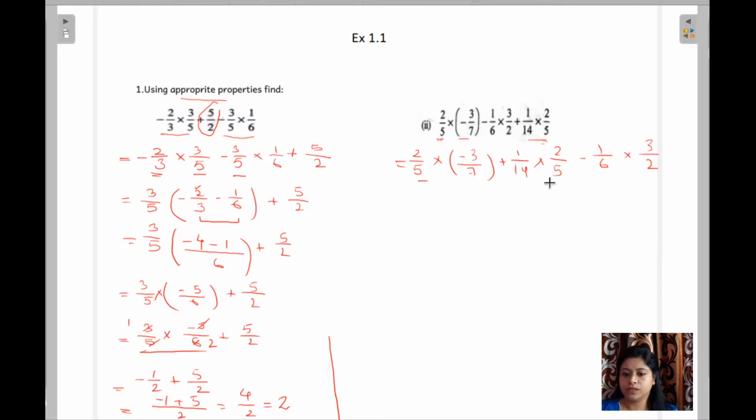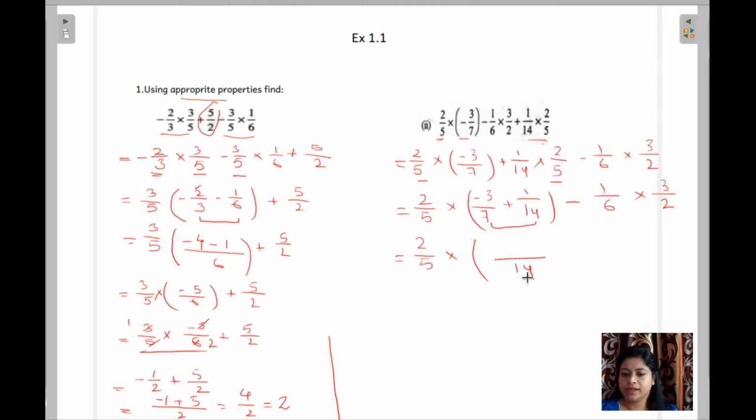So 2 by 5 we will take out, with the multiplication sign, and we are left with minus 3 by 7 and plus 1 by 14. And here we have minus 1 by 6 multiplied by 3 by 2. Now 2 by 5 multiplied by, the bracket portion we will solve. The LCM is 14.